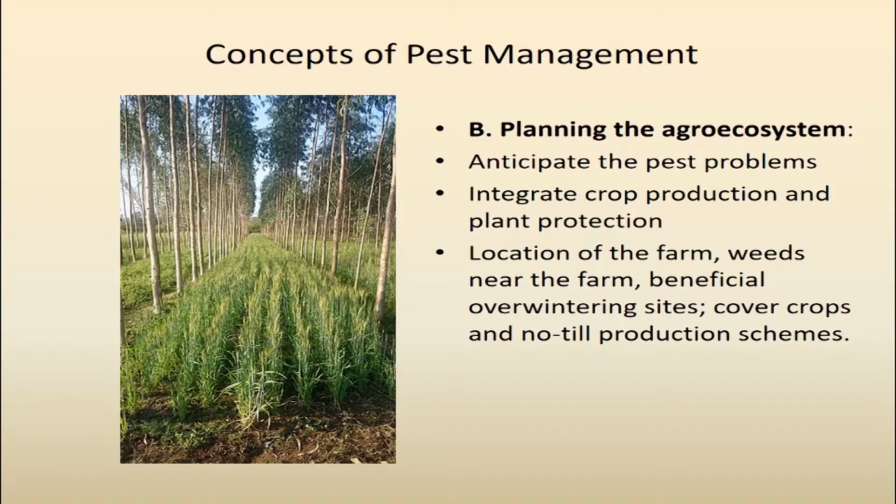The location of the farm and weeds near the farm, the beneficial overwintering sites, the cover crops and no-till production schemes have to be thoroughly understood, because when a farmer goes for a new area and a new crop, if weeds are surrounding that area, there is always a likelihood of insects migrating from these weeds and posing a threat to the crop production.